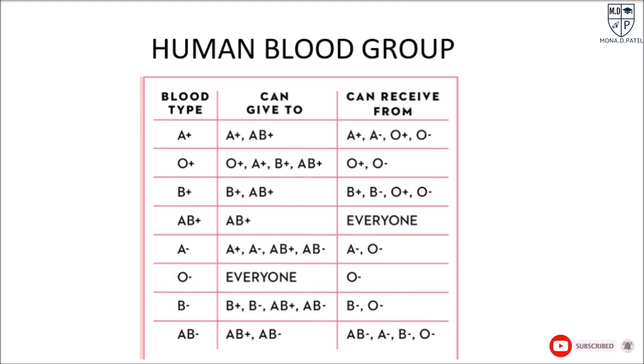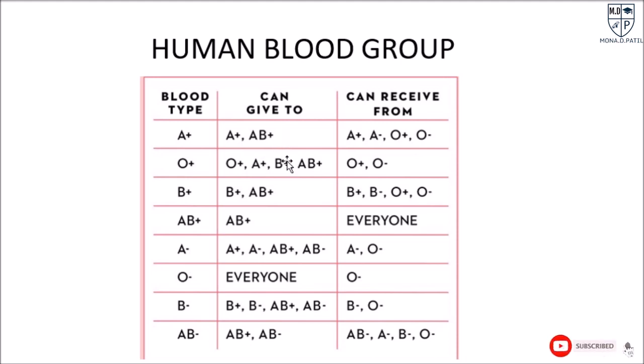Now, human blood groups. Mainly it is of four types: A, O, B and AB. Depending on the Rh factor, positive and negative, the human blood group is divided into 8 types.